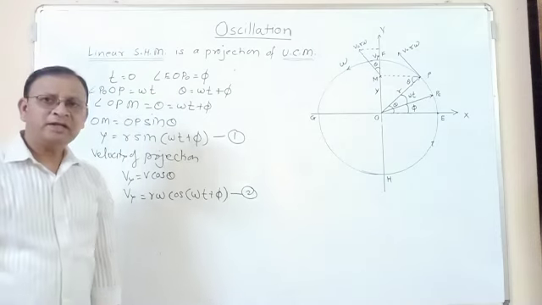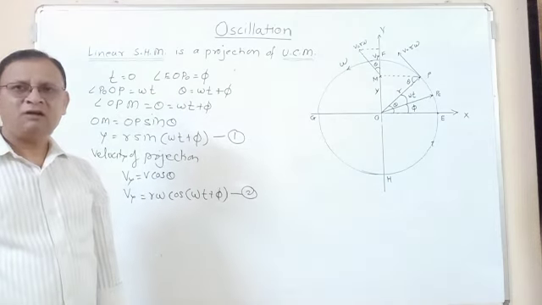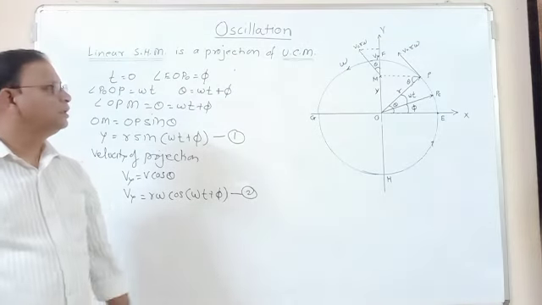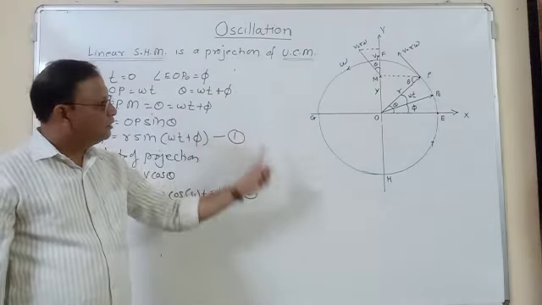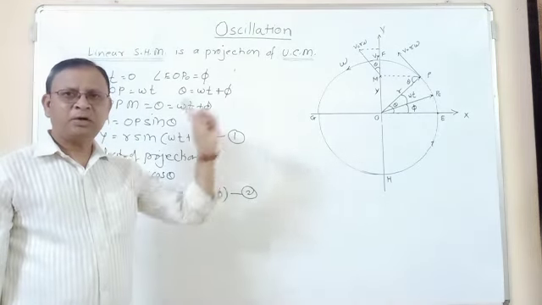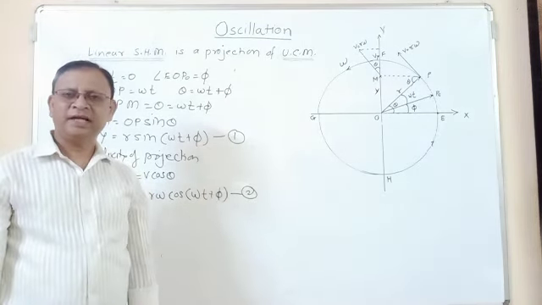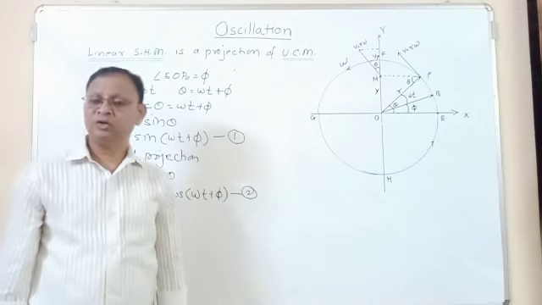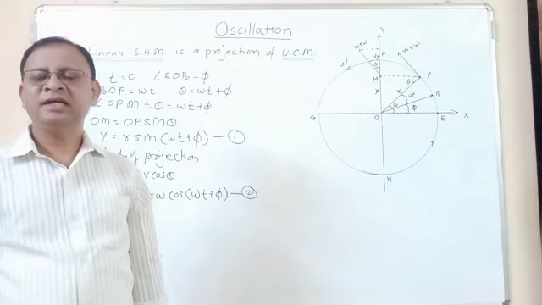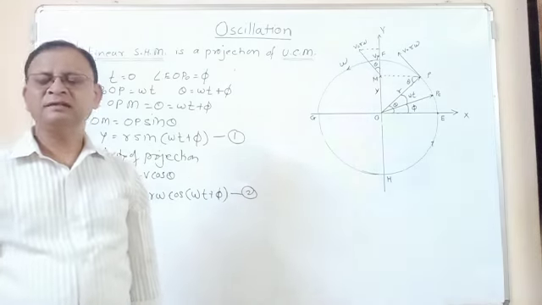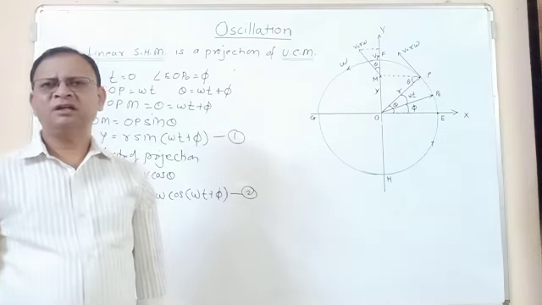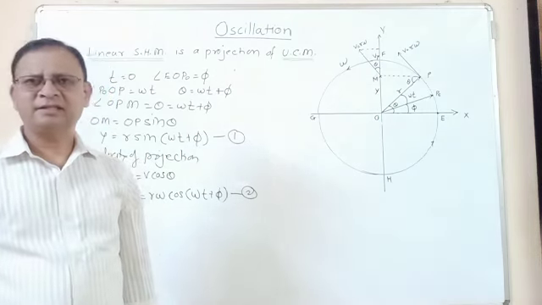Now what about the acceleration of a particle performing uniform circular motion? When the particle performs the uniform circular motion, the acceleration of the particle is always along the radius and directed towards the center of the circular path, and therefore we can call it radial acceleration or centripetal acceleration.